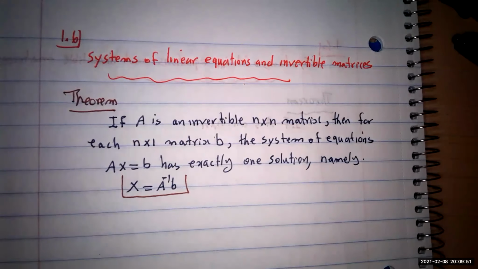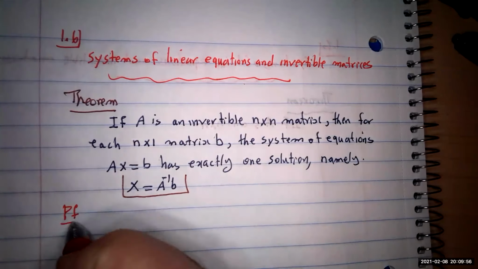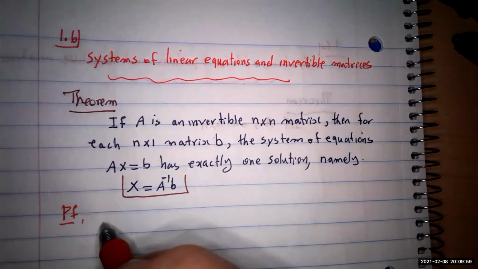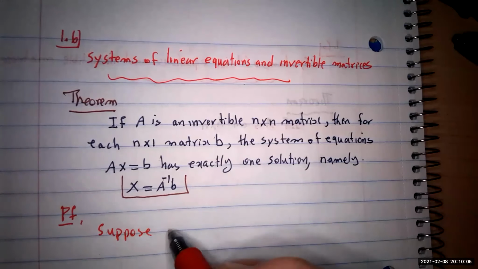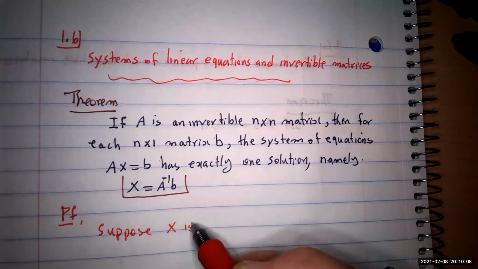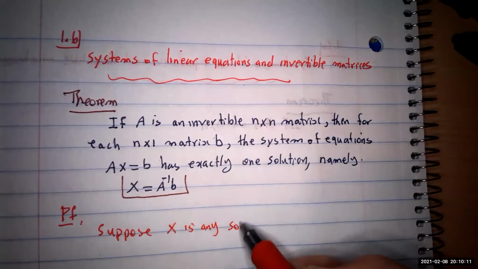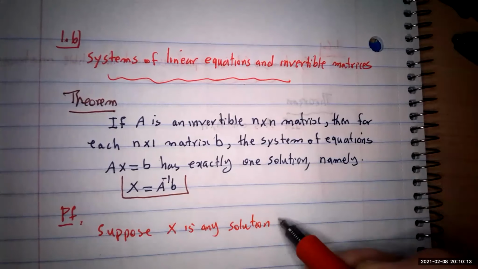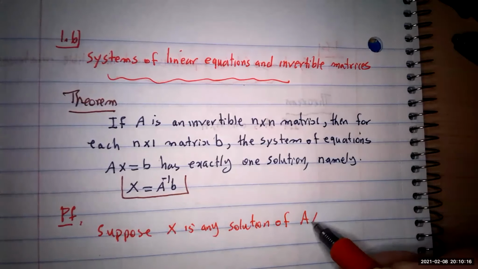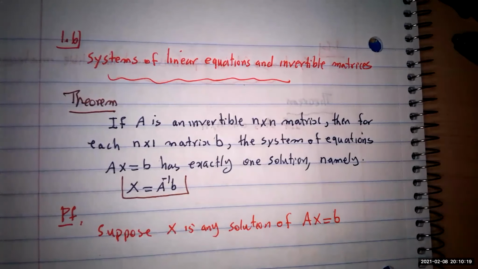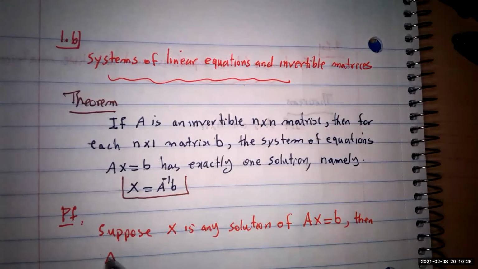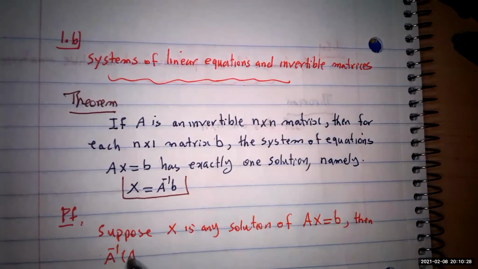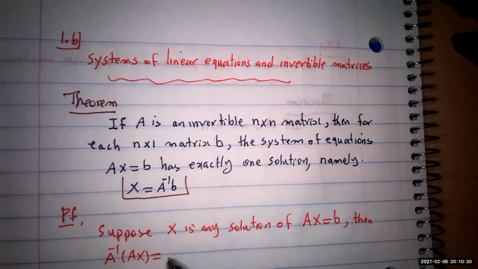If you like, the proof is very easy. Suppose X is any solution of AX equal to B. Since the matrix is invertible, we multiply both sides of the equation by A inverse from the left.